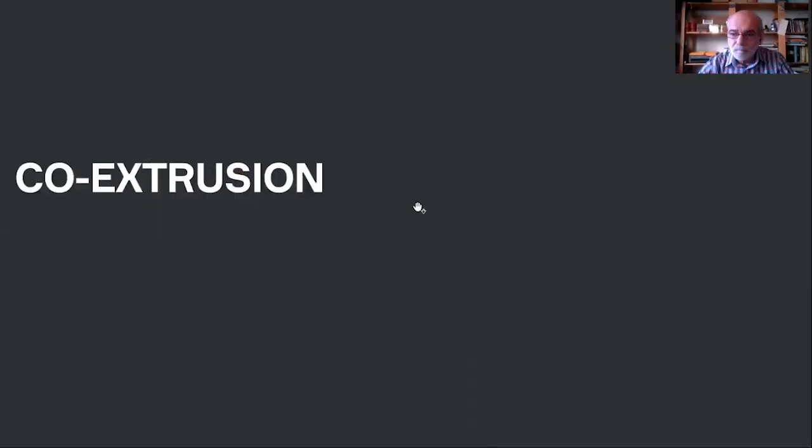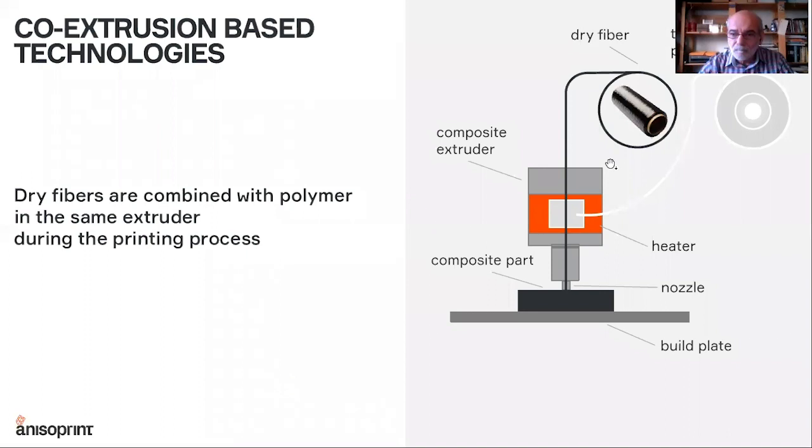Co-extrusion is the second approach, where you simultaneously extrude reinforcing fiber together with polymer material through the same extrusion nozzle. This gives you much more flexibility in terms of varying the fiber volume fraction or using different types of polymers as a matrix.